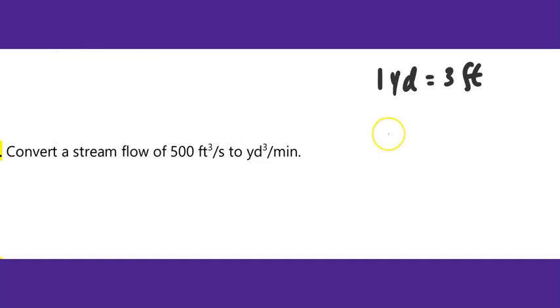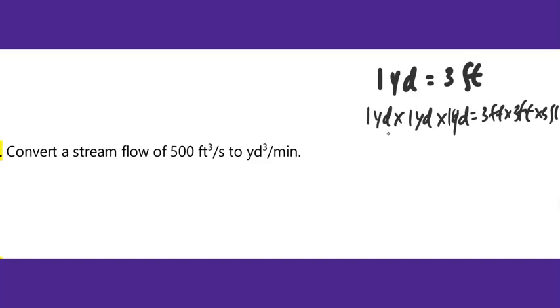If you use this linear conversion equation to find the volume conversion, you get 1 yard multiplied by 1 yard multiplied by 1 yard equals 3 feet multiplied by 3 feet multiplied by 3 feet.